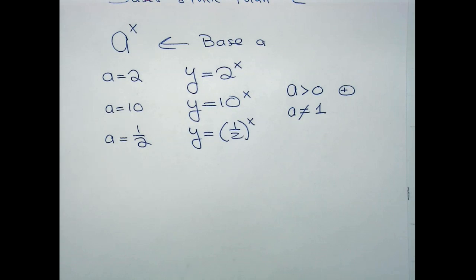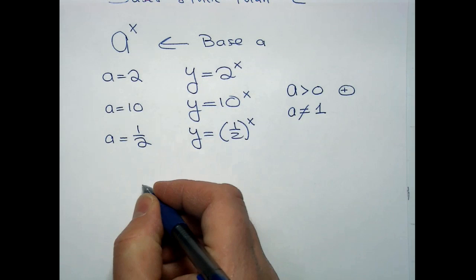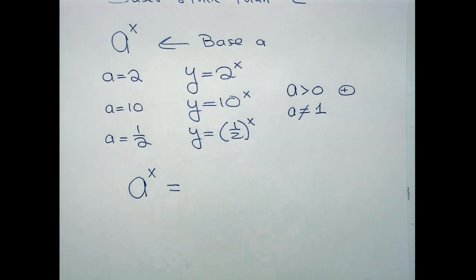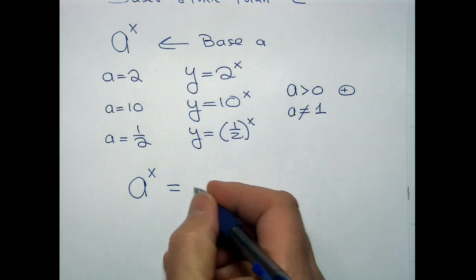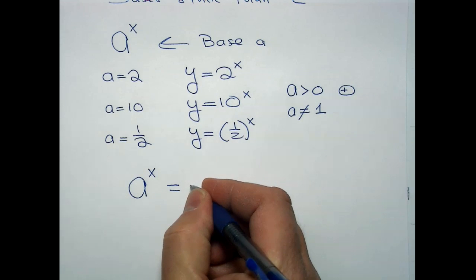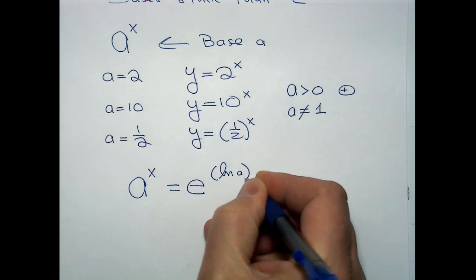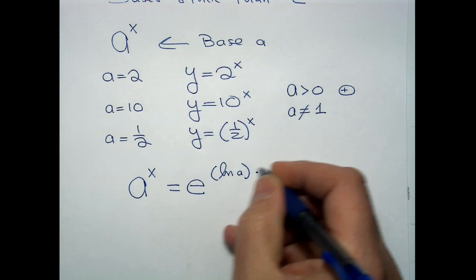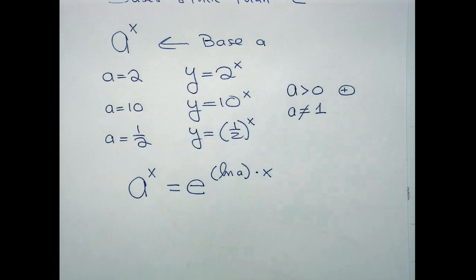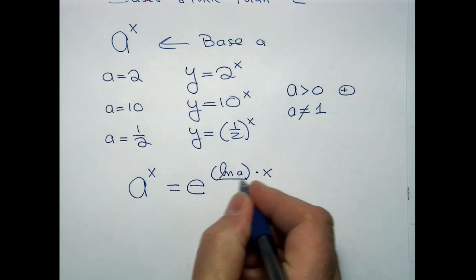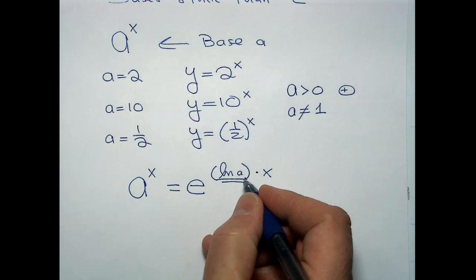Well, there is a way to define a to the x using the natural base, base e. And it looks something like this. So it can be related to e to the x, except there's this little correction factor in here, ln of a.